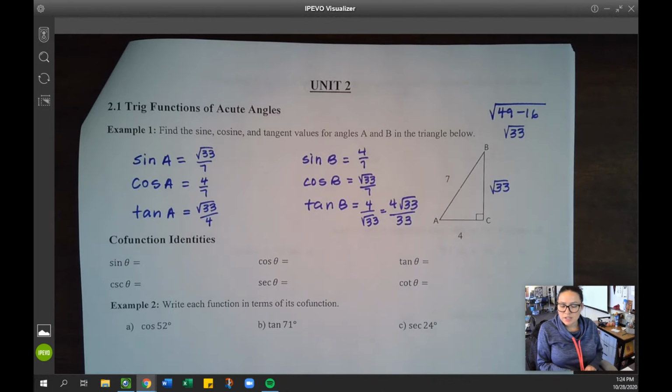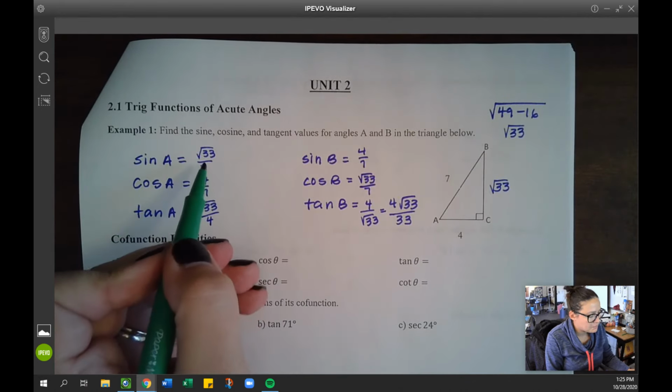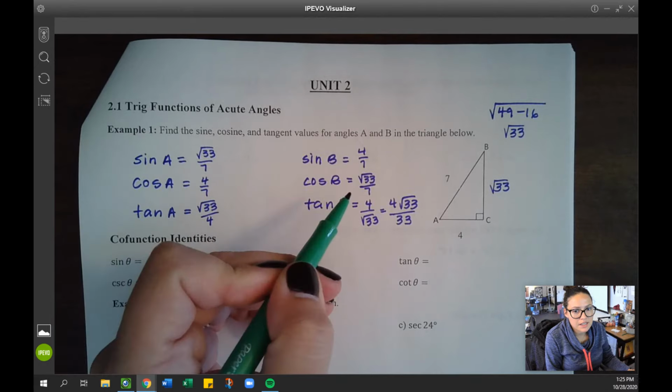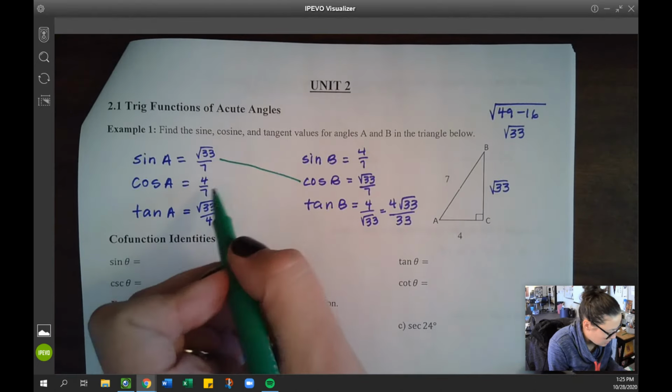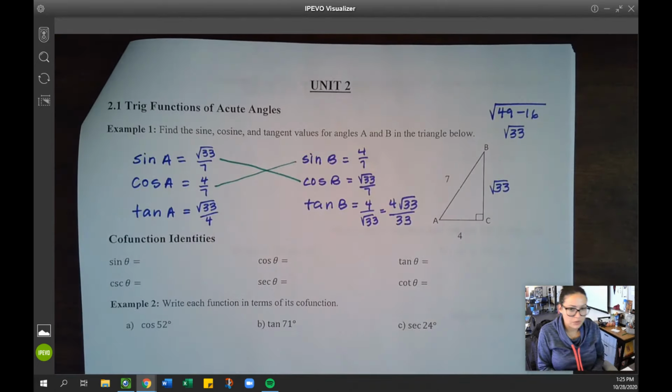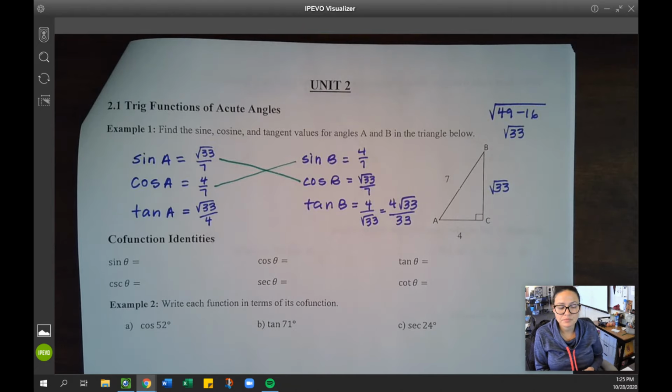Now, this brings us to something that I want you to notice. And maybe you've noticed this before, but what I want you to realize is that the sine of A is equal to the cosine of B, and the cosine of A is equal to the sine of B. And that is because sine and cosine are co-functions.